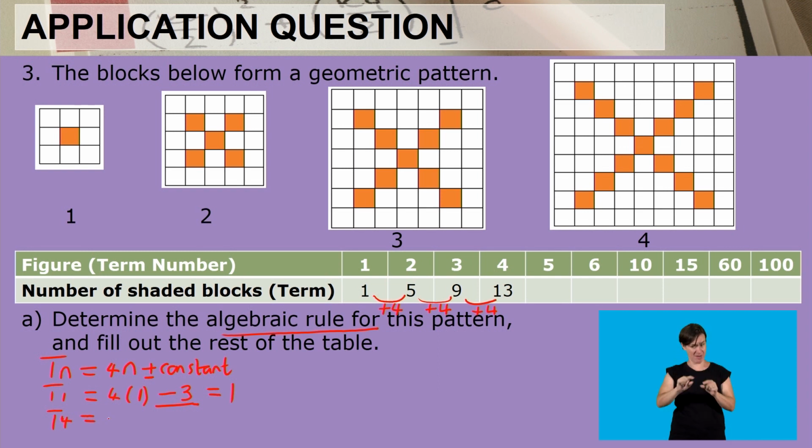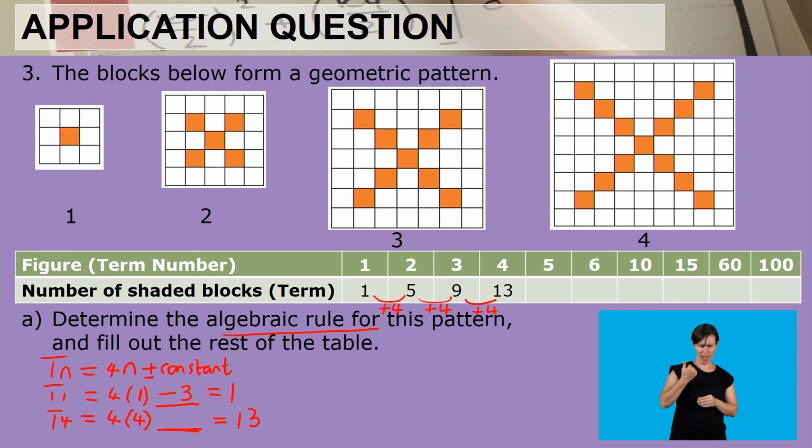Then we can say 4 from the constant difference multiplied by 4 from the term number, because we are working with the fourth term, and then we are going to add or subtract a constant so that we can get to our fourth term, which is 13. So 4 multiplied by 4 is 16.